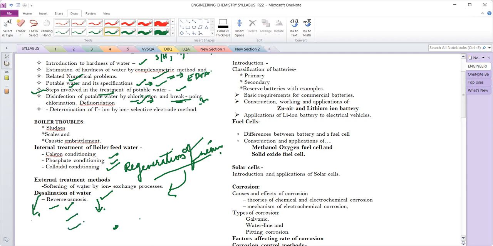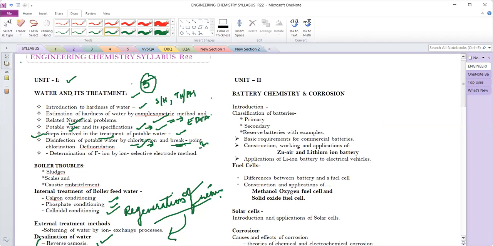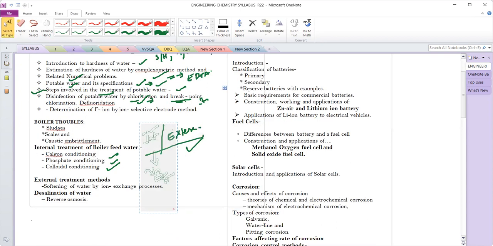Clear? So next, coming to the second unit. In the second unit, we are able to see battery chemistry and corrosion. What is the second unit? Battery chemistry and corrosion.